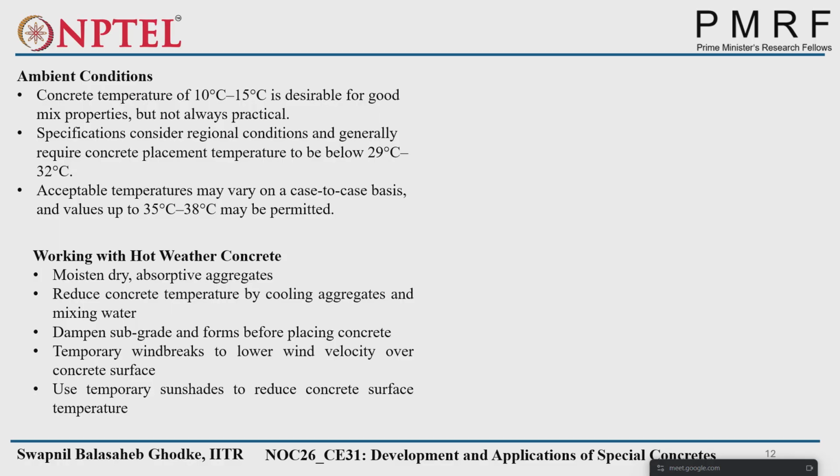In those conditions, they have to cover the surface with sun shades, or they will print the building on the roof, so we are not able to print on the surface. If they want to print in open conditions, they have to make the necessary changes in the admixtures or in the water content to get proper flowability and shape stability. So that is also one of the special types of concrete. In hot weather conditions also you have to provide temporary sunshades to reduce the concrete surface temperature.